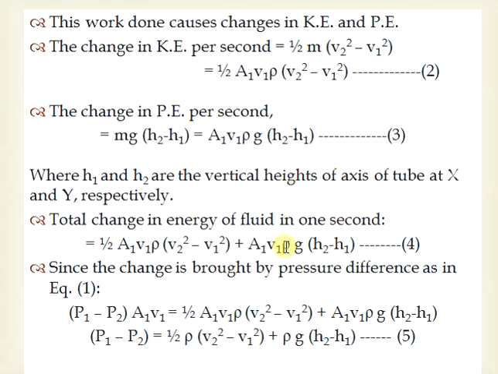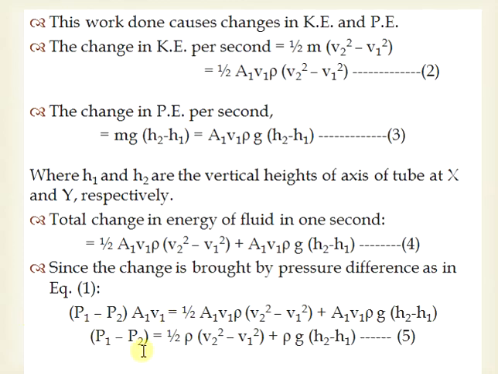These changes in kinetic energy and potential energy will be brought about by the pressure difference as defined by equation number 1, so we can equate equation 1 with this equation. Hence, P1 minus P2 into A1 V1 is equal to half A1 V1 rho into V2 square minus V1 square plus A1 V1 rho g into H2 minus H1.